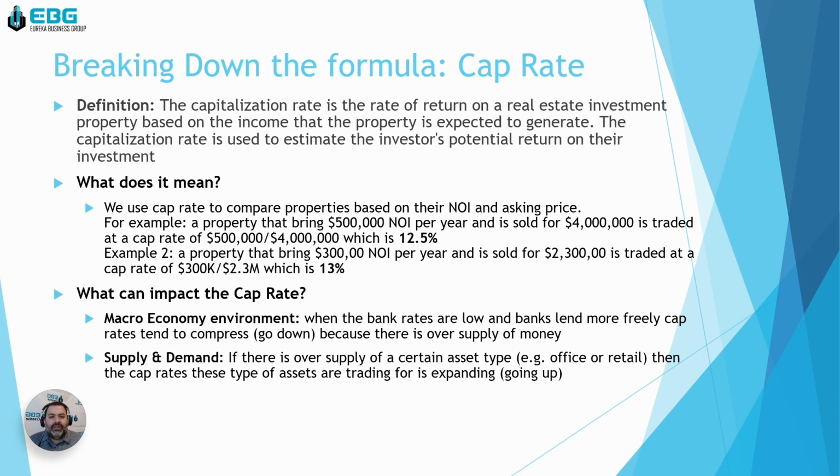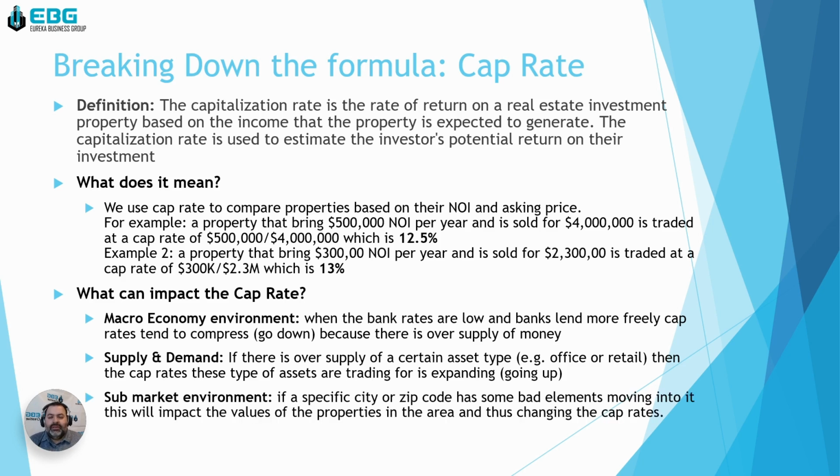If I'm in a market or an asset type that, let's say in the last 5 years, it's been multifamily, it's been such a hot item, then the cap rates for multifamily have compressed harder, or they went lower than they went for other asset types like office or industrial or retail. So supply and demand is critical, and a sub-market can be as influential as everything else.